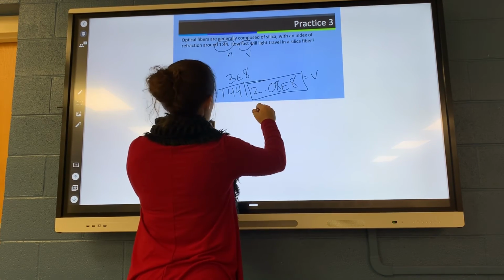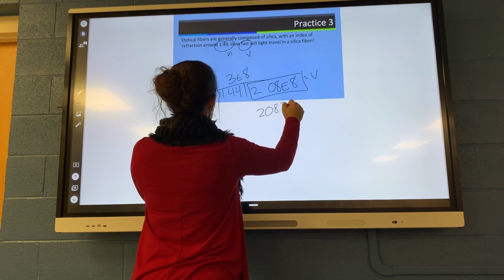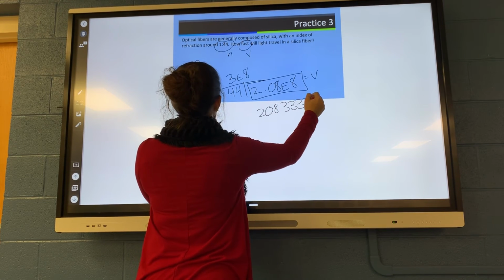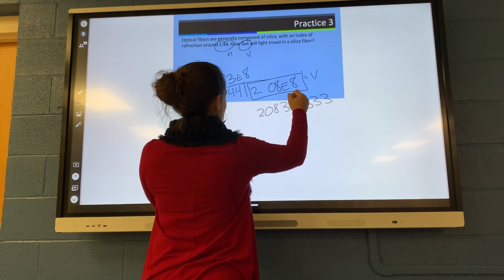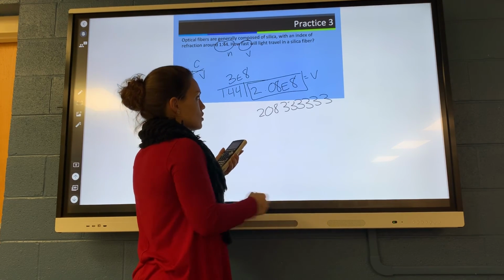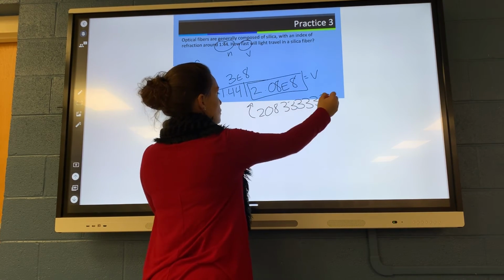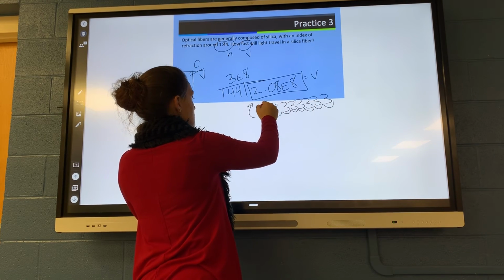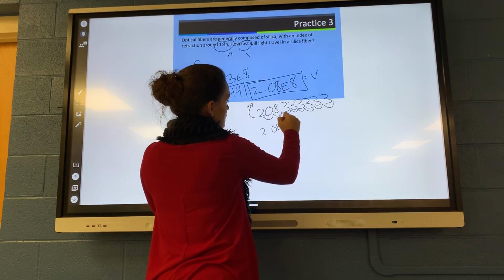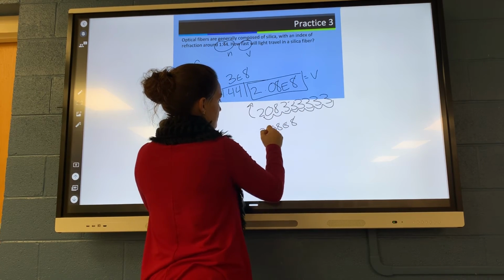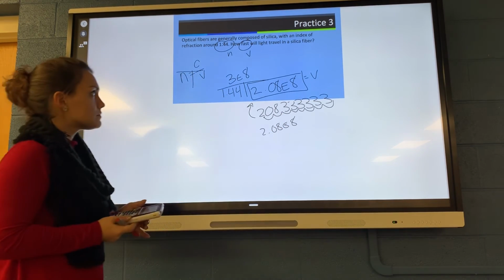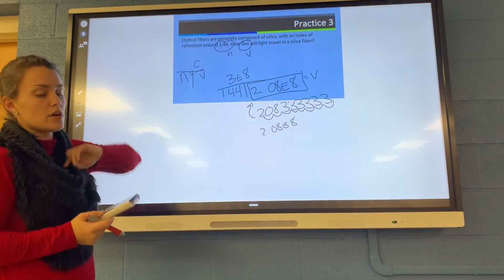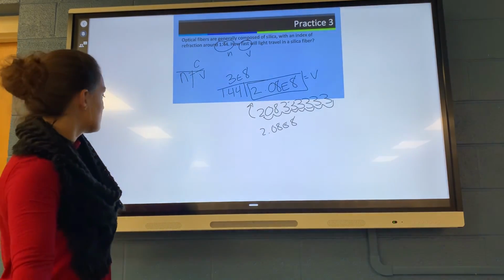If it spit it out to you as the big number, it was 2.08333333. All right. So that is the same as this. Remember moving our decimals: 1, 2, 3, 4, 5, 6, 7, 8 times, 2.08E8. All right. So make that into a triangle if it's asking you for something else.